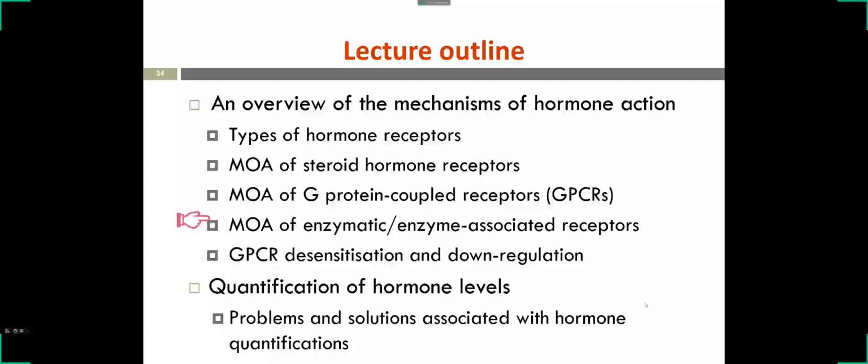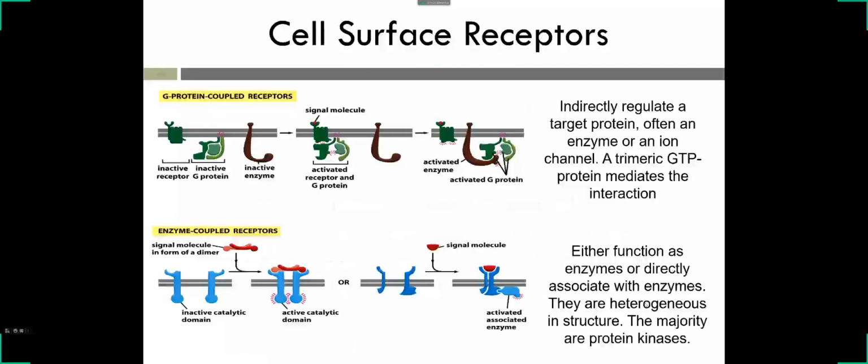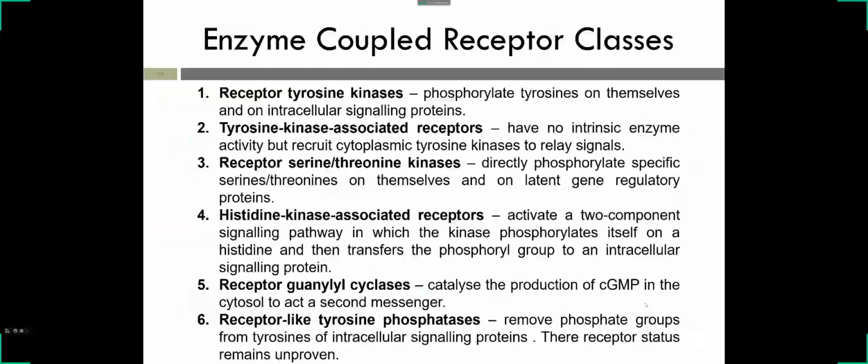What about enzyme receptors? This is the enzyme receptors below. The enzyme coupled receptor class is very large. It includes receptor tyrosine kinases and tyrosine kinase associated receptors.